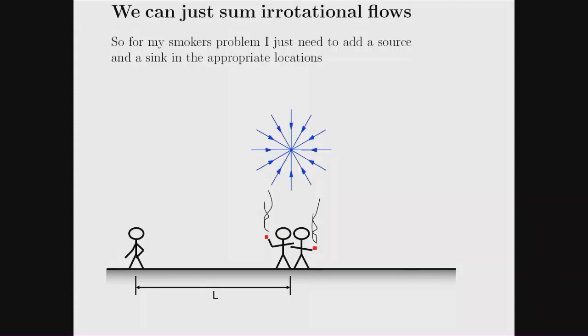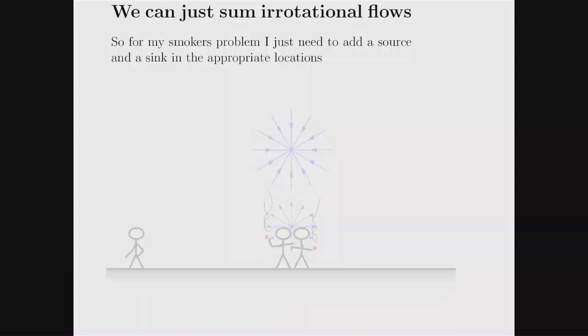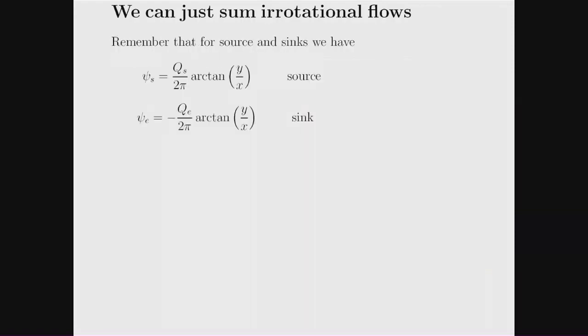Now, all we have to do next is just add a source and a sink at the appropriate location. So if I have my axis here, x and y, okay, you can see that for psi s, which is for a source, and psi e, which is for a sink, can anybody tell me where these source and sink are located? Yep.